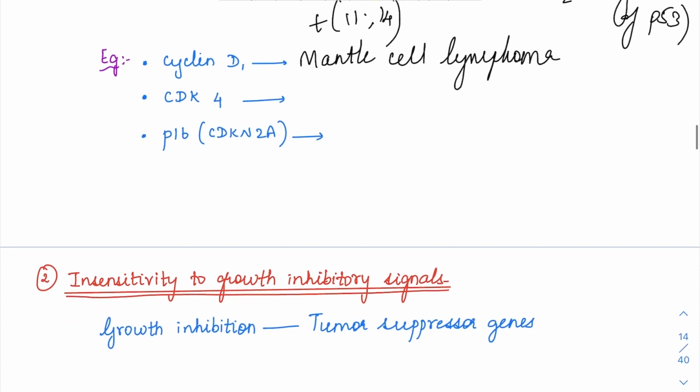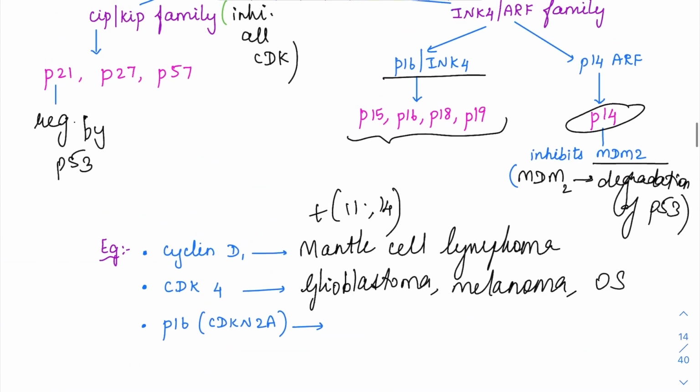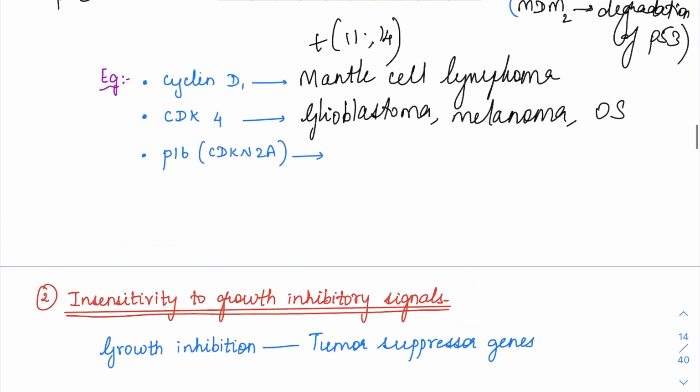Then cyclin dependent kinase 4 mutation is seen in glioblastomas, melanomas, and also in osteosarcomas. While P16, which belongs to the INK4 family, right? The gene for it is called the CDKN2A gene, which encodes for P16, and it is mutated again in glioblastoma and melanomas.